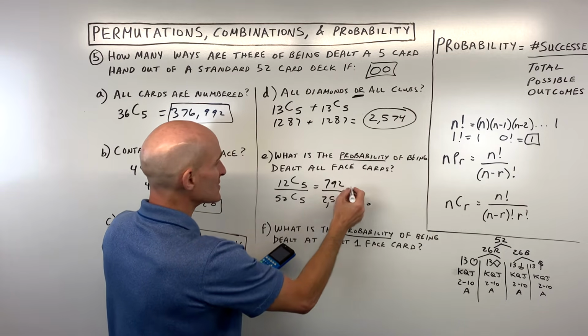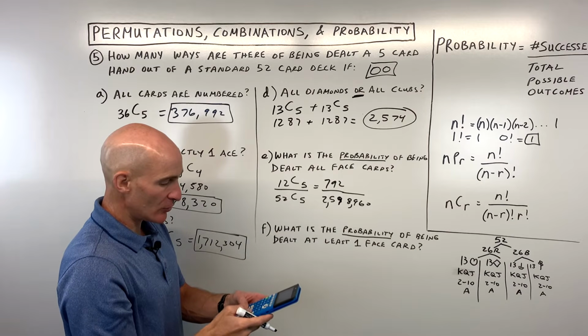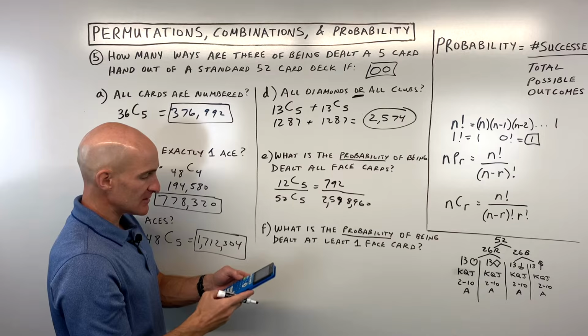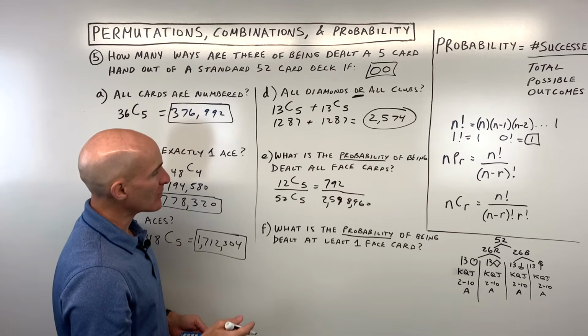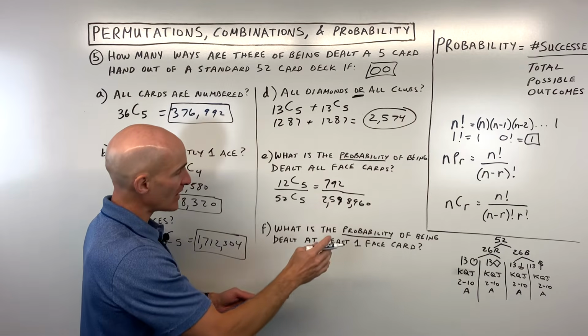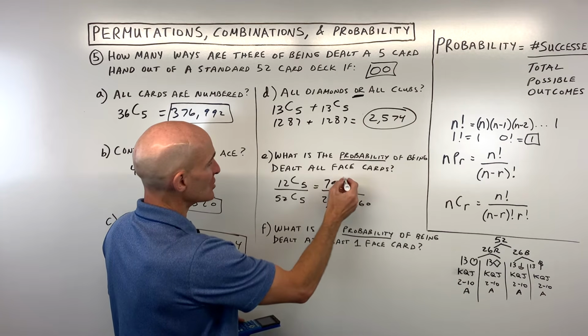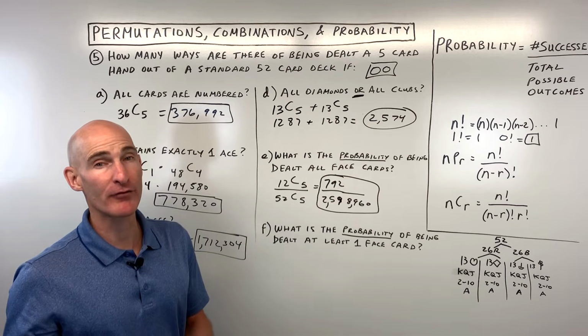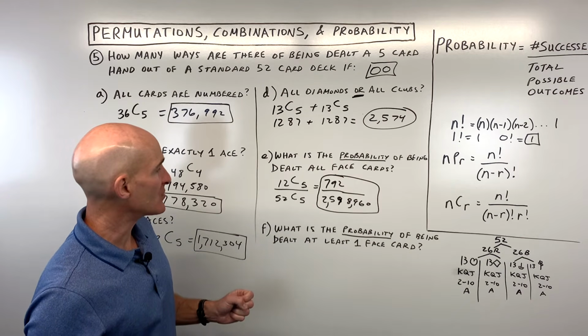And you might be able to reduce this down. Let's see, does that reduce? My calculator's not reducing it, but you could reduce it because see how they're both even. You can divide by 2. You can also write it as a decimal approximation. You could even convert it to a percent, but probability is more like a fraction or a decimal, not a percent.